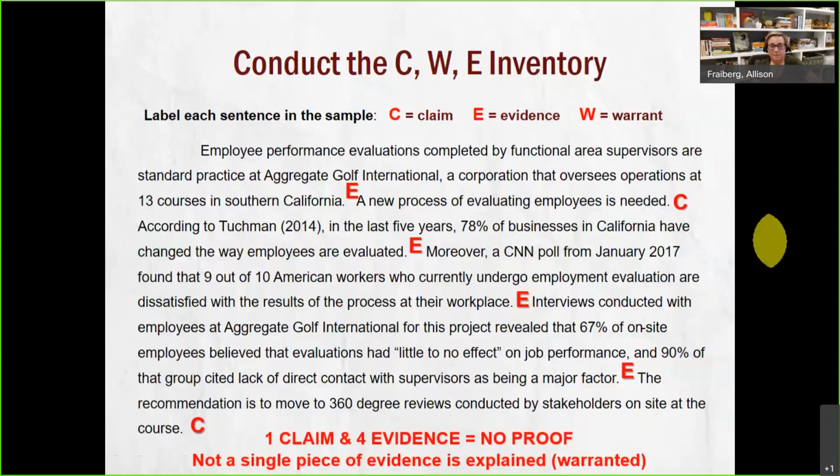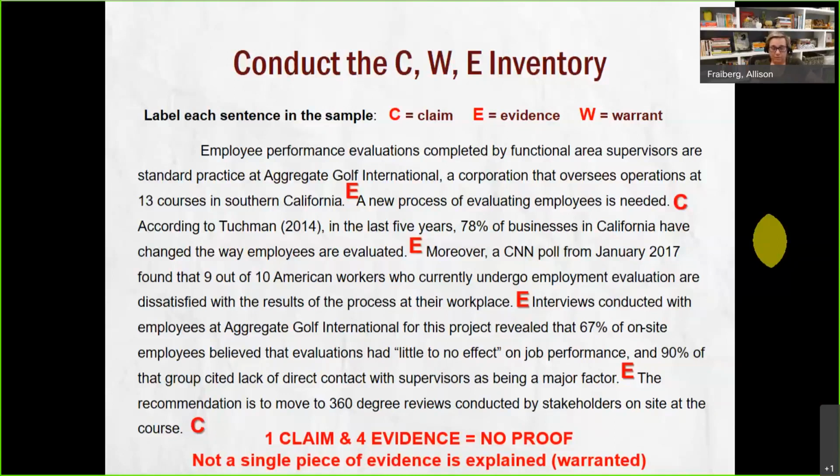I can't just hope you're going to get to the same decision that I got to with the same pieces of evidence. I need to explain each of those pieces of evidence and show you how I arrived at my decision based on that evidence. And without that, you have an unsubstantiated claim.